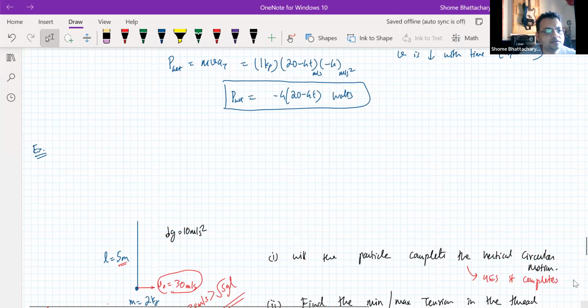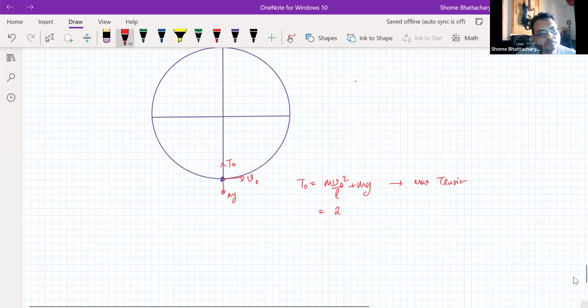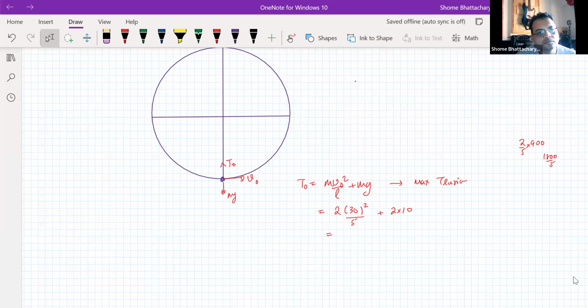M was 2 kgs. So this will become the maximum tension.